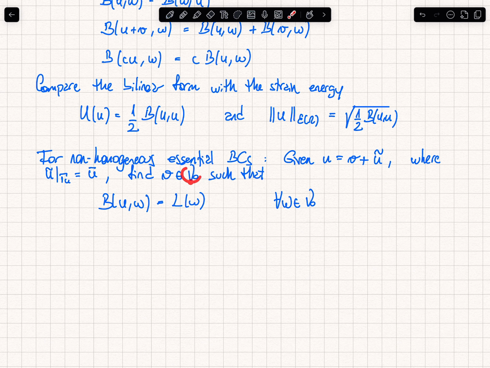I want you to understand that this is the same space, so I have to find this v, the unknown part of the solution belonging to V naught, and then V naught shows up again there, so I'm taking these functions from the same space. And of course, if I now replace what u is into my bilinear form, then I have only the unknown part v minus B of u tilde, w.